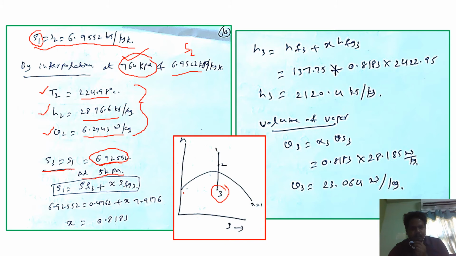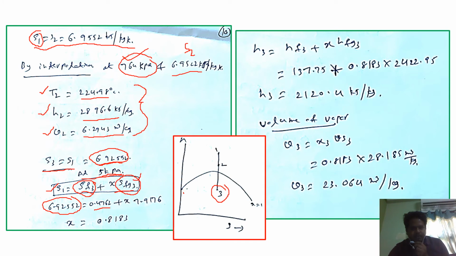As we know, we can write S1 equals SF3 plus X into SFG. The S1 value we already know. SF3 means entropy of the liquid. This we have to take from the steam table at 5 kilopascal, that is 0.47672, and SFG means SG minus SF.